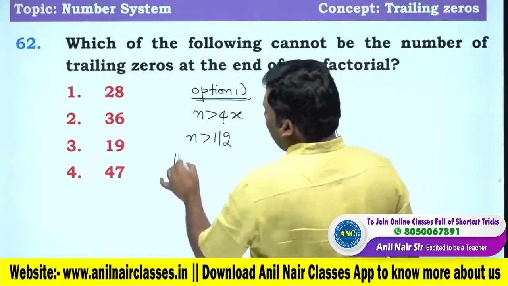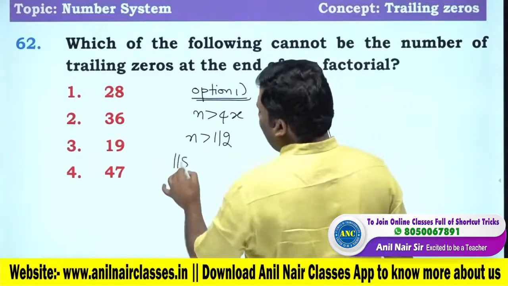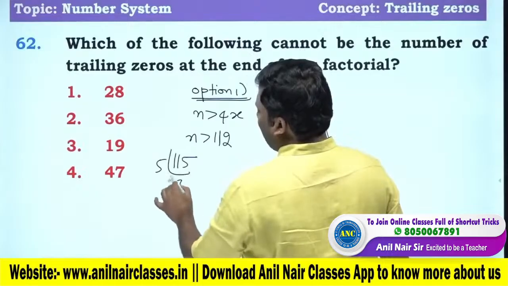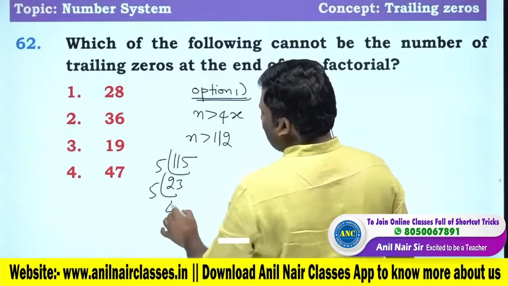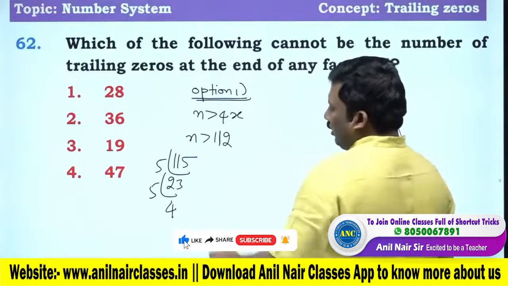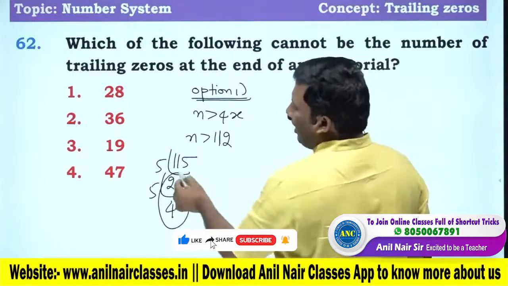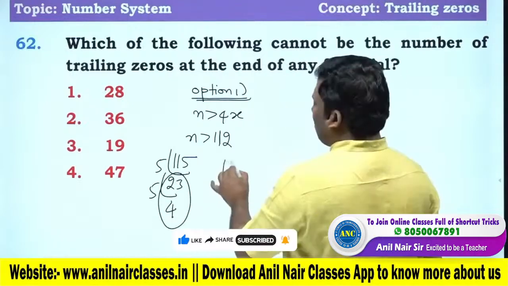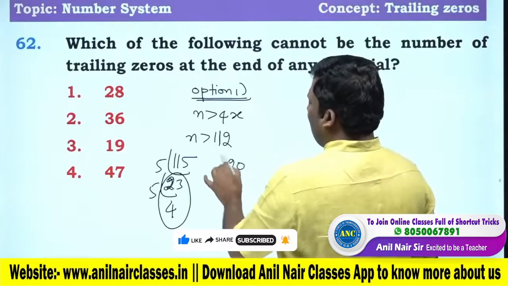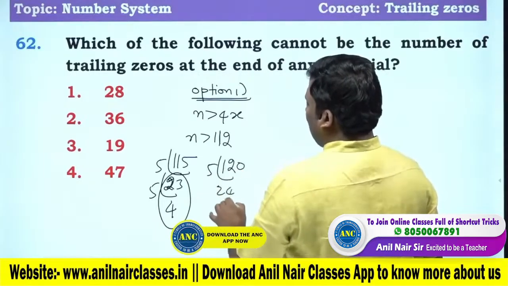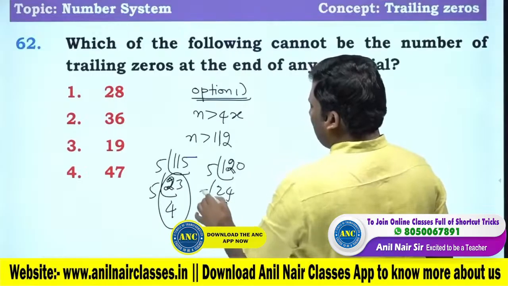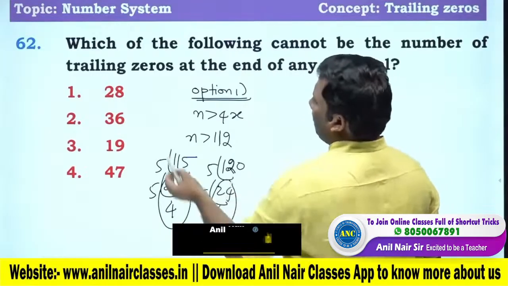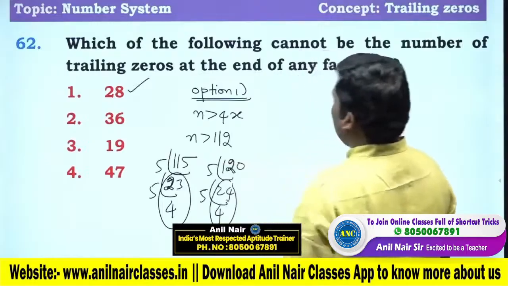What is the multiple of 5 greater than 112? 115: 23 and 4. 27 I am getting, but I want 28 zeros. Next is 120: 24 and 4. 28, it is possible. First one, it is possible.